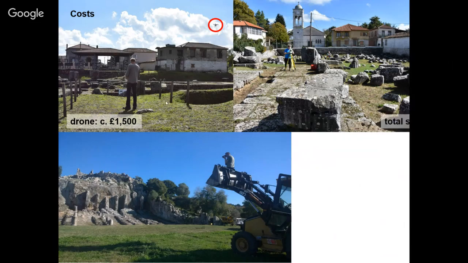Total stations, yeah, you can now buy a new one. I think I actually managed to talk with a local UK company last autumn, and we got new ones for £5,000, which are very good ones. So 2,000 to 5,000 is what you should expect.